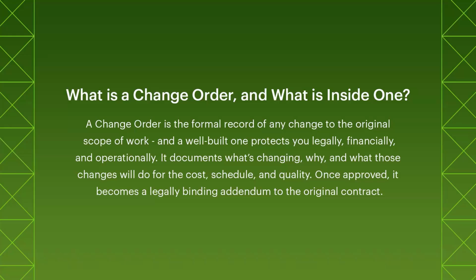So a well-built change order is going to protect you legally, financially, operationally. It's designed to document what is changing, why it's changing, and what those changes will do in terms of the cost, schedule, and quality of the job. Once it's approved, it becomes a legally binding addendum to your original contract.